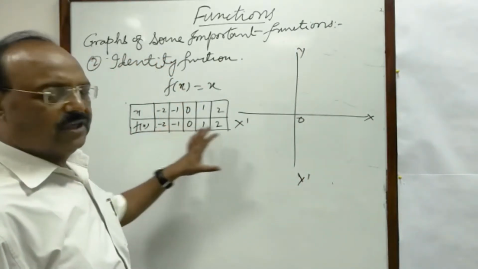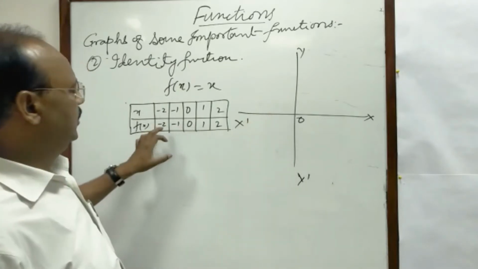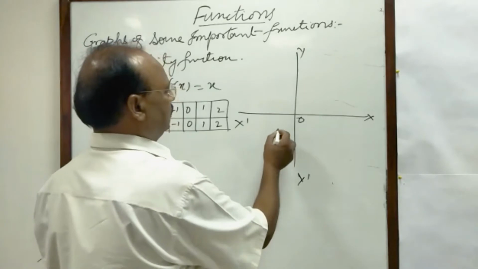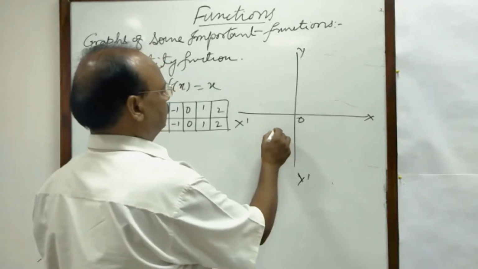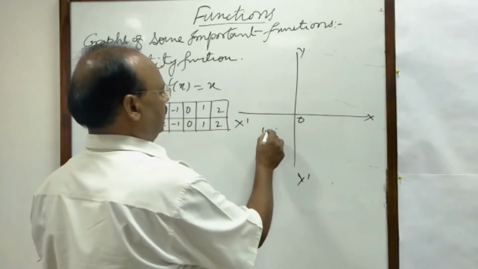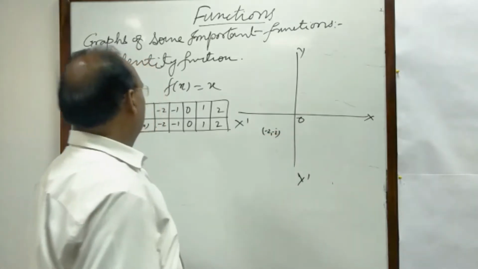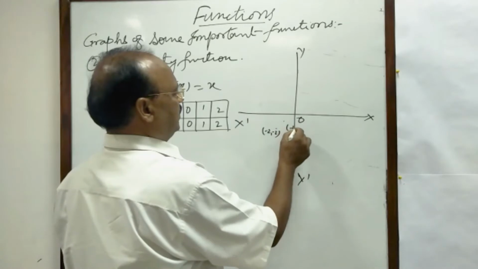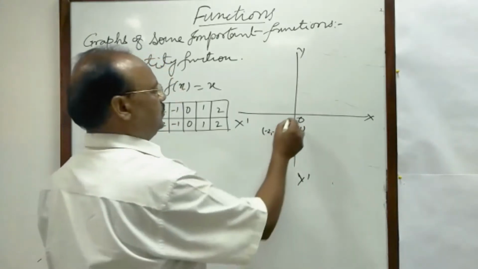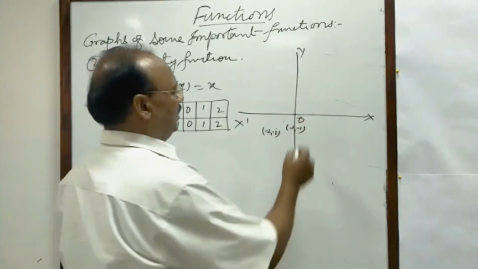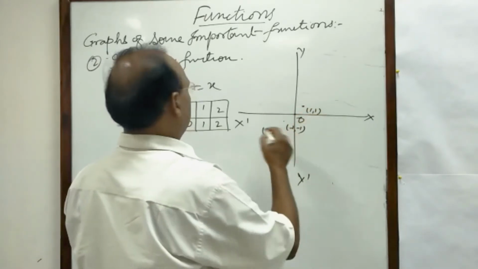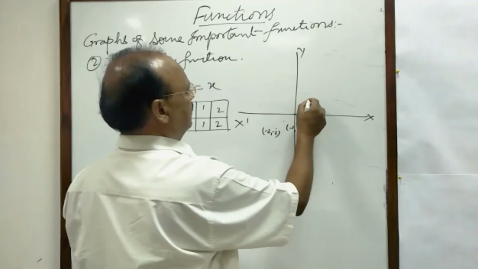We are sketching the graph roughly here. So (-2, -2), approximately this point will be here. Again (-1, -1), suppose this point is here. The (0, 0) point will be here. (1, 1) point is suppose here, and (2, 2), suppose the point is here.